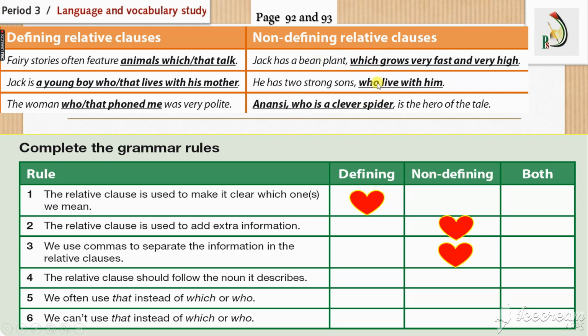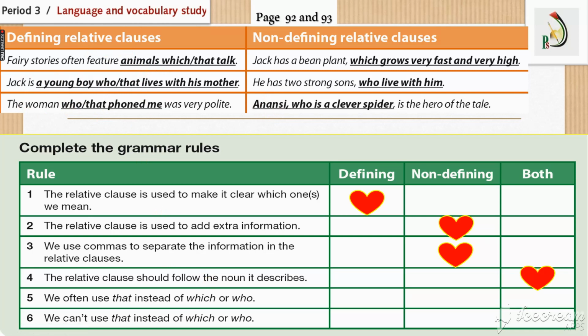And here, who live with him refers to the sons. Anansi, who is a clever spider, is talking about the noun. Here also, who is talking about the noun. Which is talking about the animals. So both of them describe the noun.